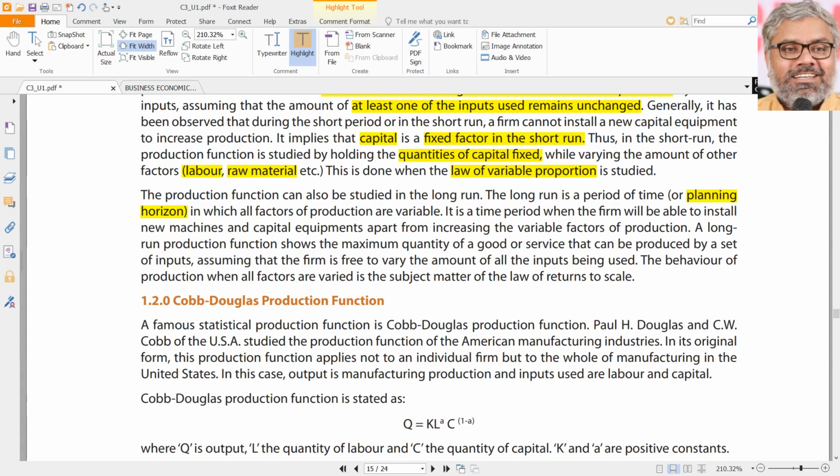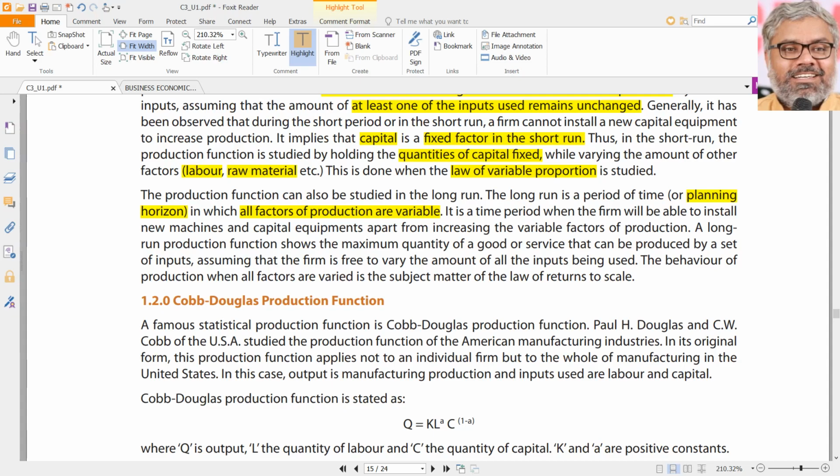The long run is the period where all the factors of production are variable, in the sense changeable. They can be increased, decreased, changed, whatever the firm wants to do, they can play with the factors of production, because none of them is constant. If any of the factors of production is constant, then it is a short run period.